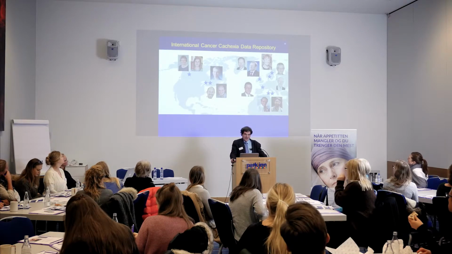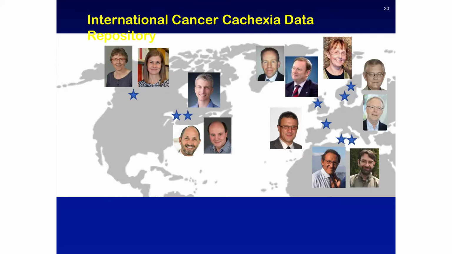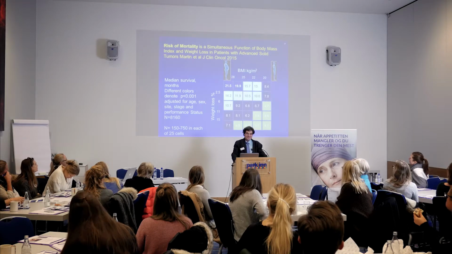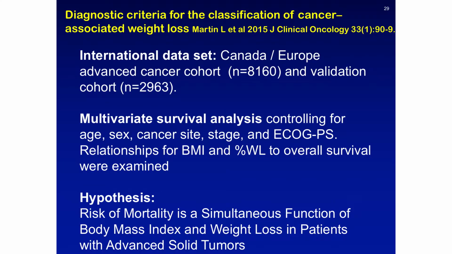So Vicky and Lisa gathered up data sets, two from Canada, Montreal and Ottawa, a set from Ken Fearon, and sets from Norway and from Southern Europe and Greece. And it ended up being 8,160, and they validated that in 2,963.